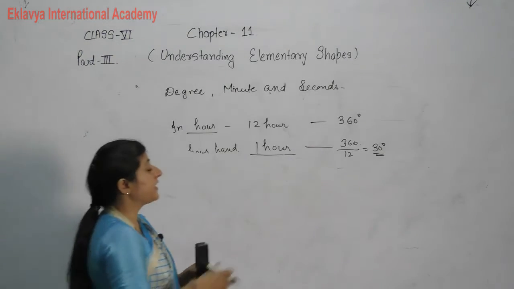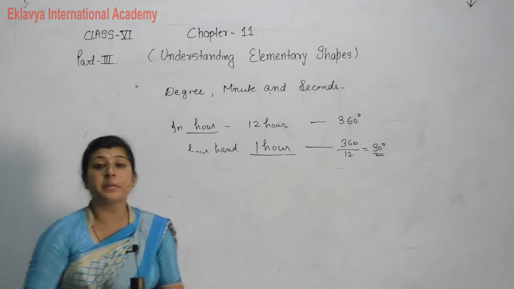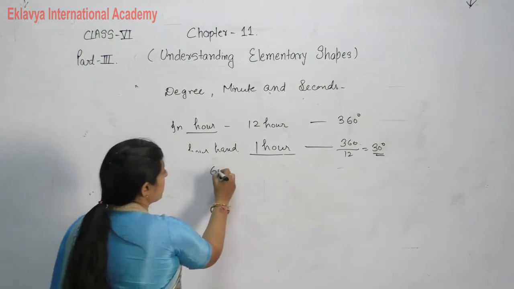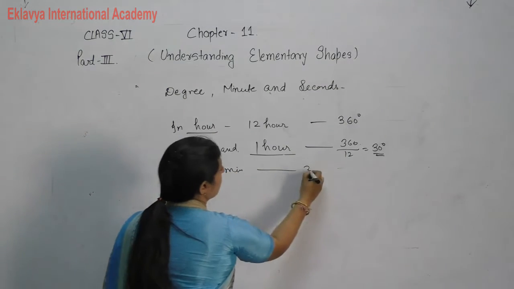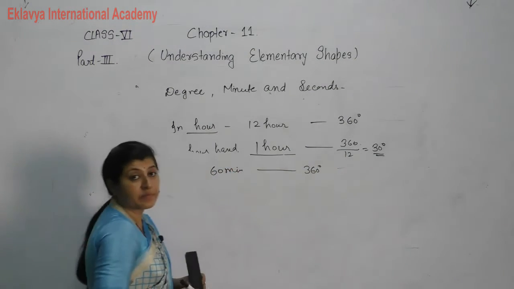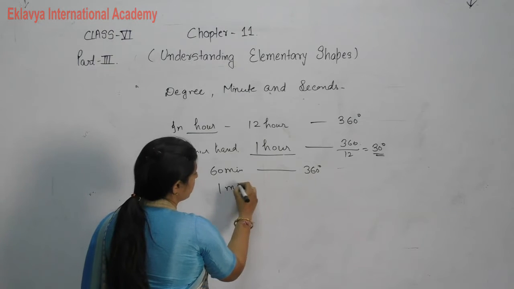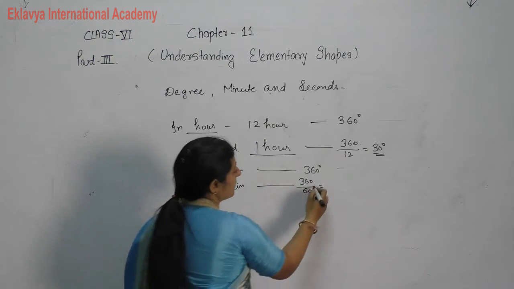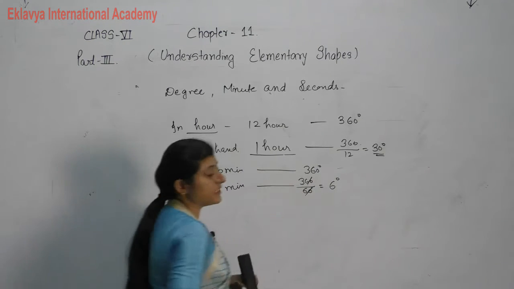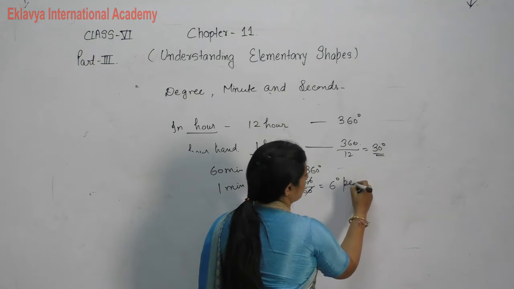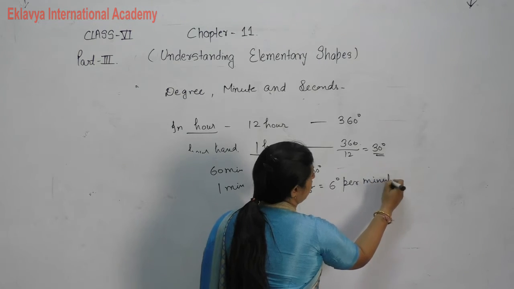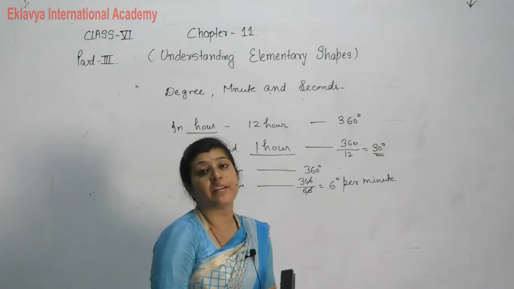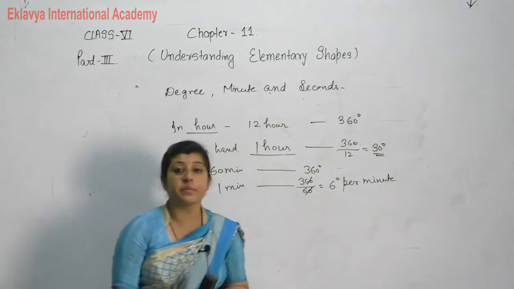Minute hand. We know the total number of minutes in a circle is 60 parts. When 60 minutes are completed, it takes a revolution of 360 degrees. Then in 1 minute, it takes a revolution of 360 upon 60, which is equal to 6 degrees per minute. So the hour hand makes an angle of 0.5 degrees per minute, and the minute hand makes an angle of 6 degrees per minute.